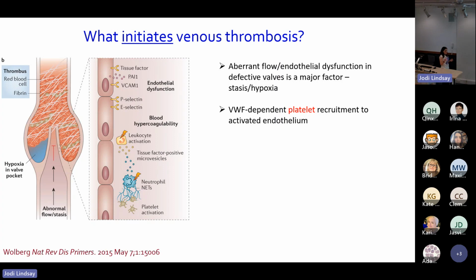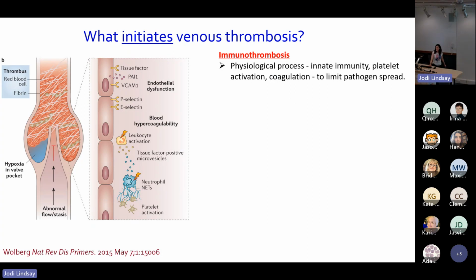There is a VWF-dependent platelet recruitment to the activated endothelium that is needed to trigger DVT. However, as I mentioned, there's no denudation of the endothelium, so by itself, this is not the cause of thrombus formation. And this is where immunothrombosis comes into play.